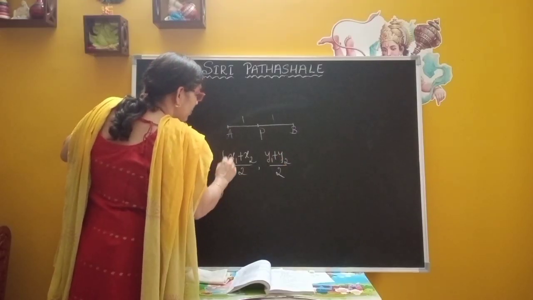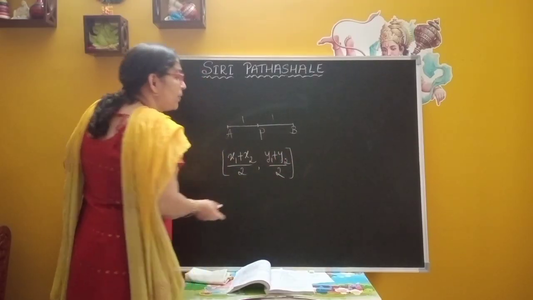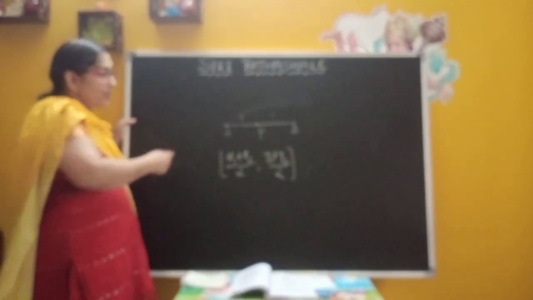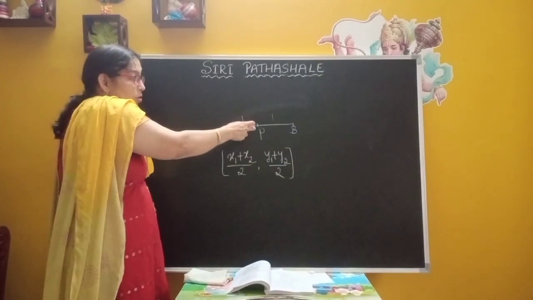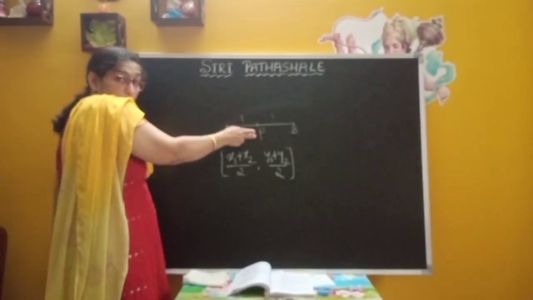This is the formula to find the coordinates of the midpoint that divides a line segment into two equal parts. Okay, so this is one more formula.